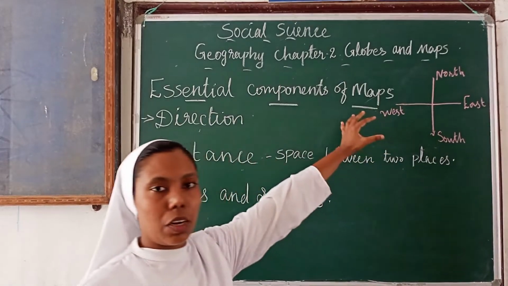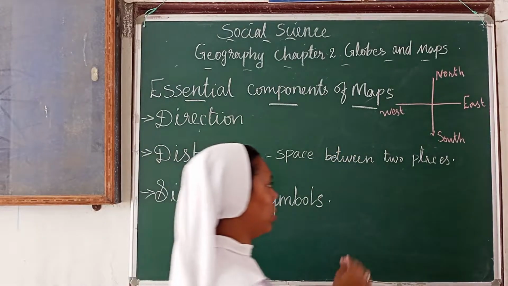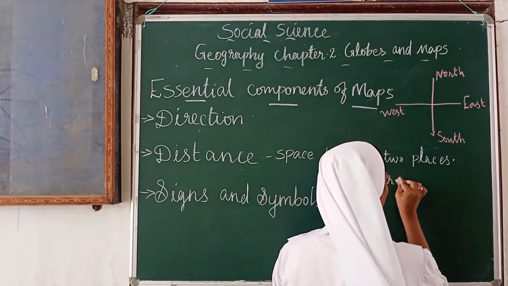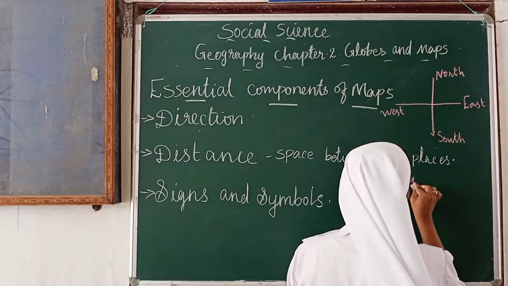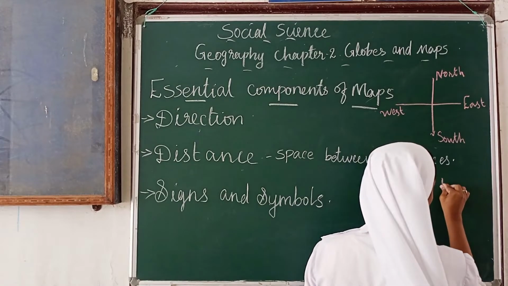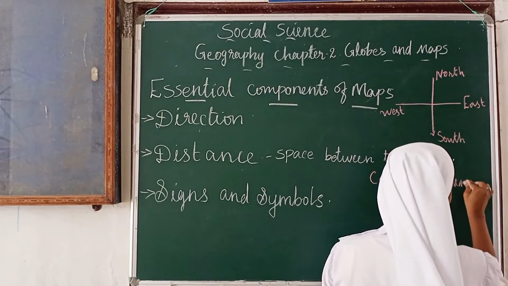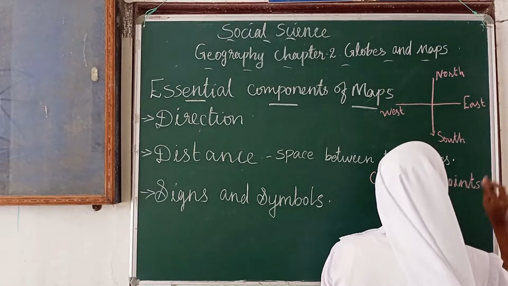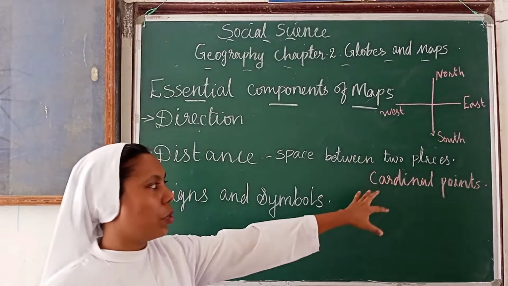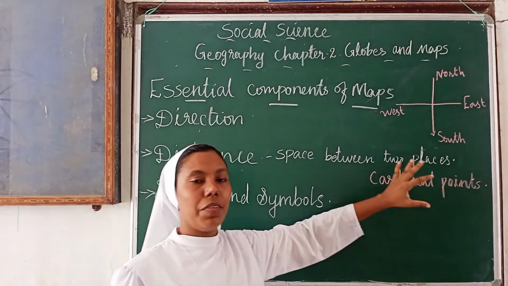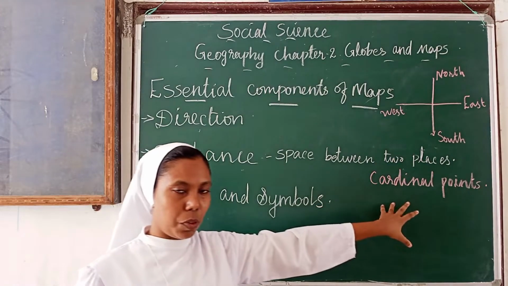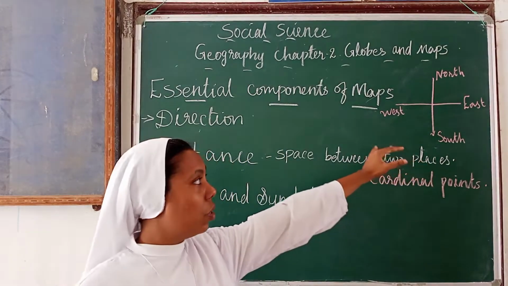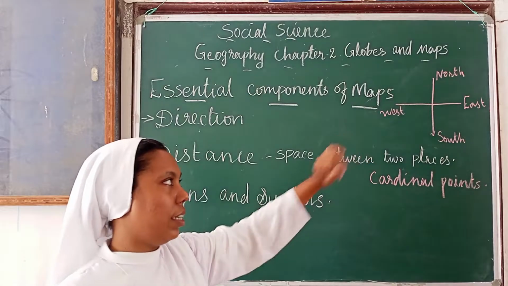These four points are known as the cardinal points. When we know the cardinal points, it is very easy to know the intermediate directions.